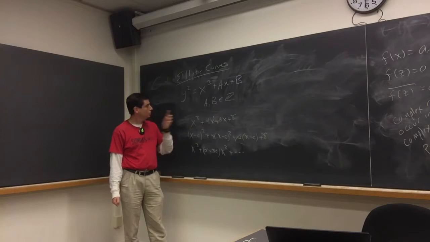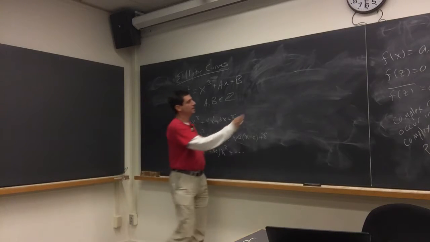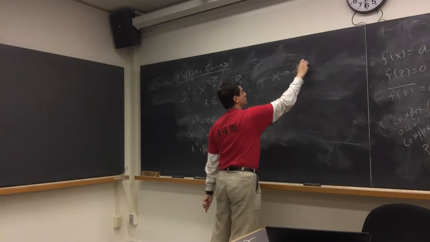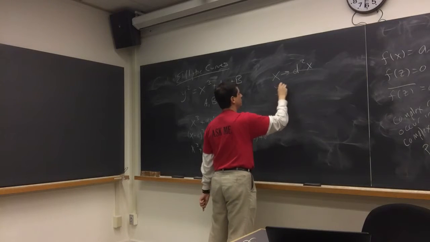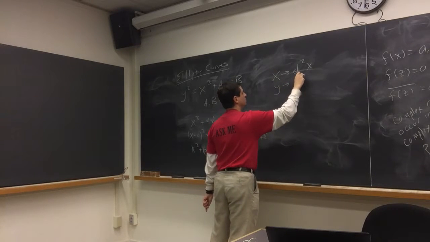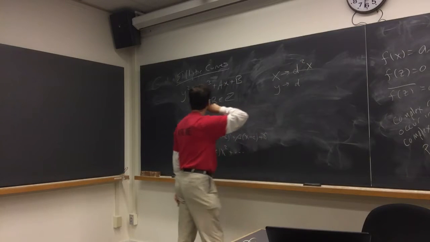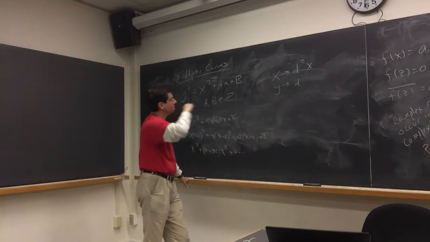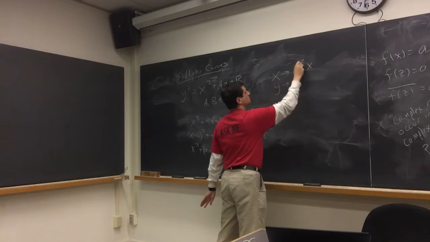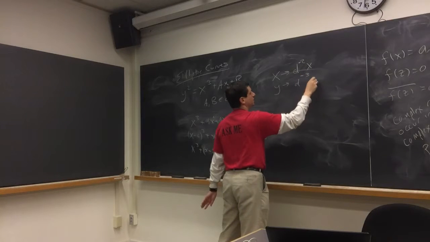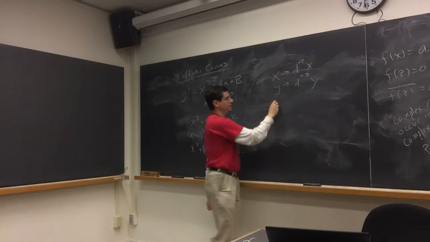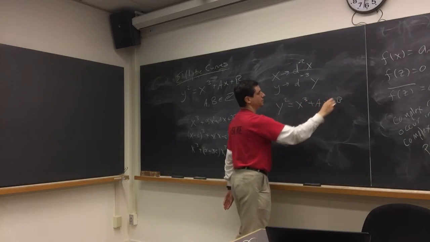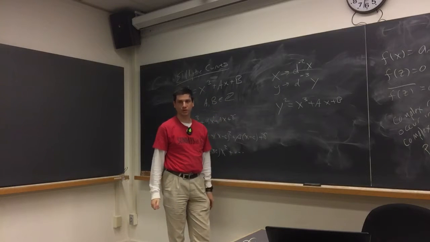If I send x to d squared x, and y to d cubed y... Which way do I want to do this? d to the negative 2, and y to d to the negative 3 y. So if I had y squared is x cubed plus ax plus b, I now replace x with x over d squared.